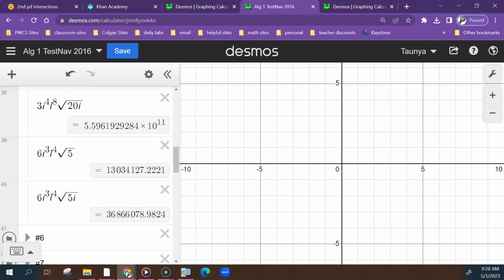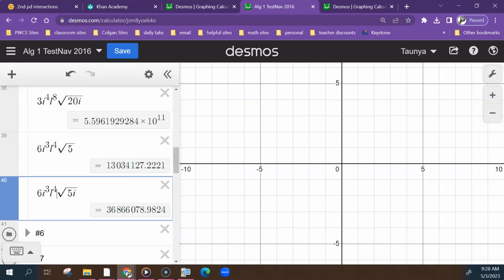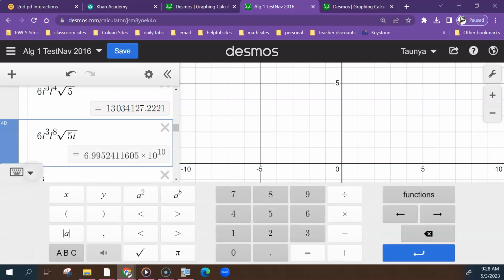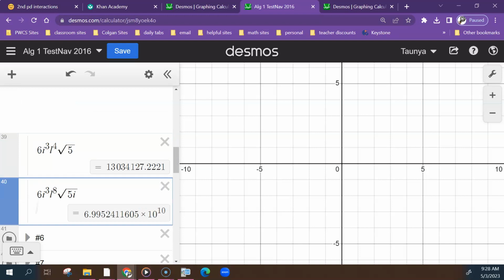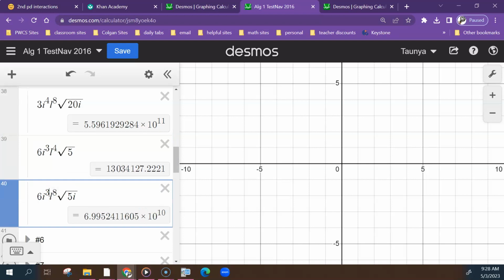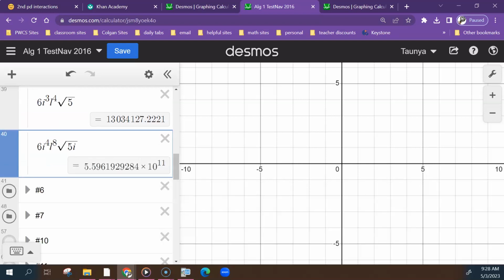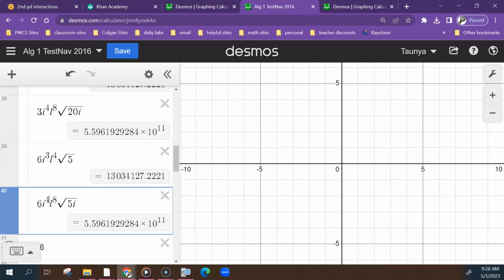I don't know why I put 4. There we go. Okay. So 2 of them are going to match. But if you look at the inside, one of them can be factored more.